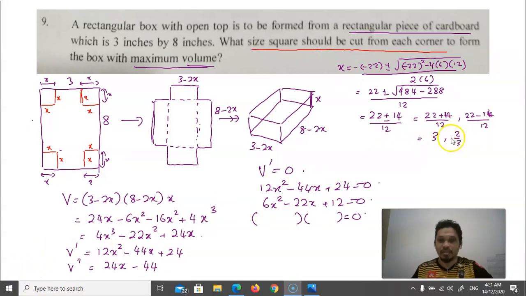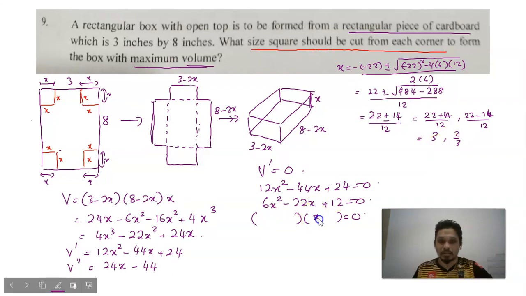Okay, from these two values, we come out with the conclusion that x is 3 or 2 over 3.